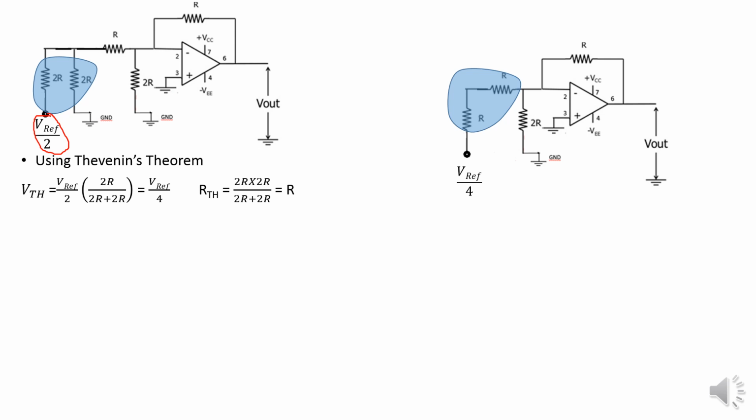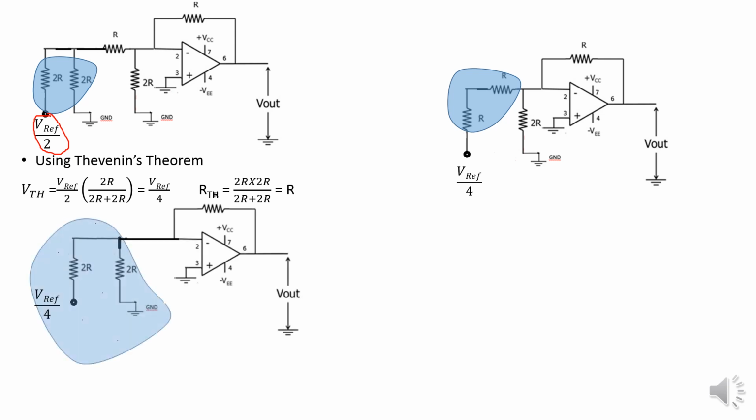Hence, again by using Thevenin's theorem, we can reduce this circuit. VTH equals V reference by 4, the applied voltage, times opposite resistance by total resistance, which is equal to V reference by 8. And RTH is a parallel combination of two 2R resistors, which gives you R.